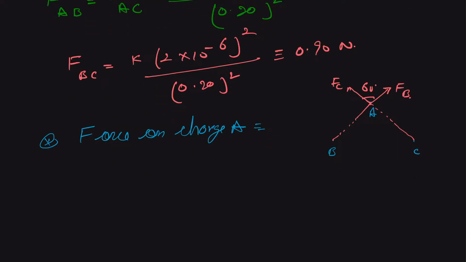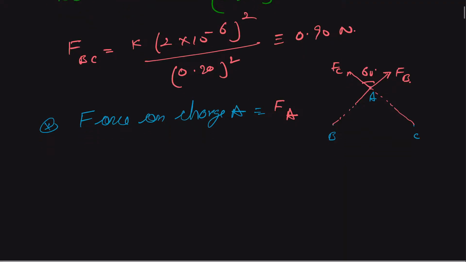So force on charge A, let us call this FA, then we can say that FA will be equal to, and let us assume that FB is equal to FC, and that is equal to F. So we can say that is equal to the square root of F square plus F square plus 2F square cos of the angle between the two.